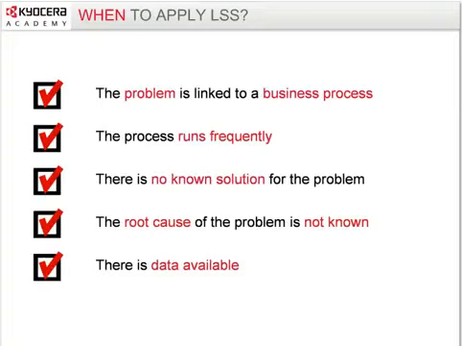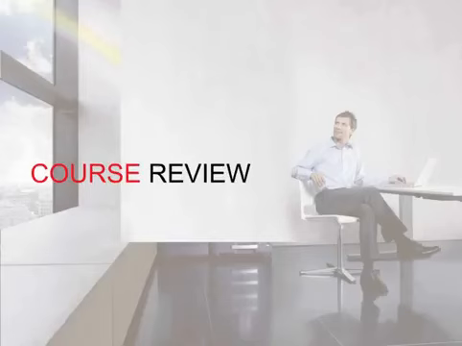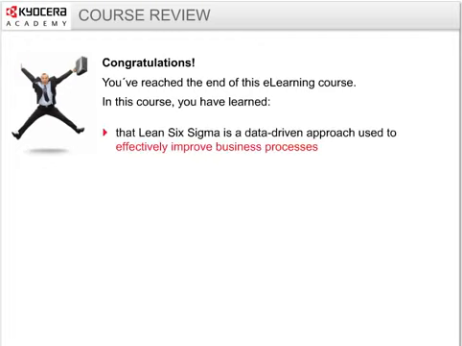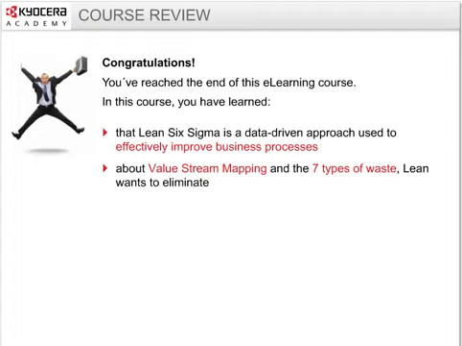Course Review. In this course, you have learned that Lean Six Sigma is a data-driven approach used to effectively improve business processes. About value stream mapping, and the 7 types of waste Lean wants to eliminate.